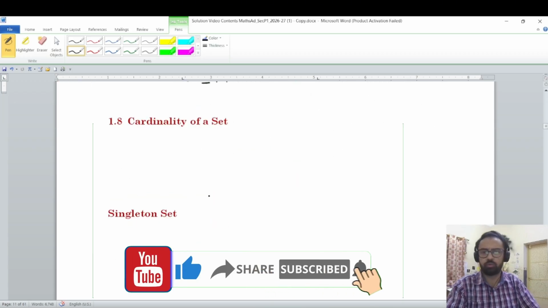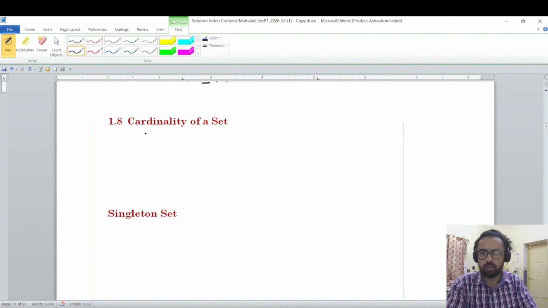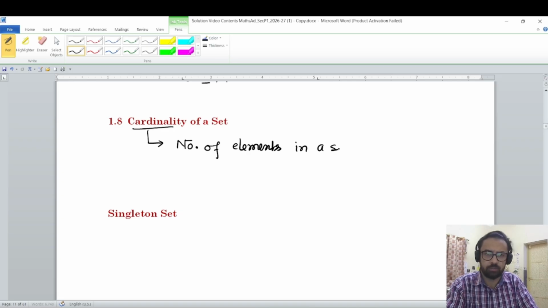Next, we will move to cardinality of a set. What is cardinality? Cardinality means the number of elements in a set.